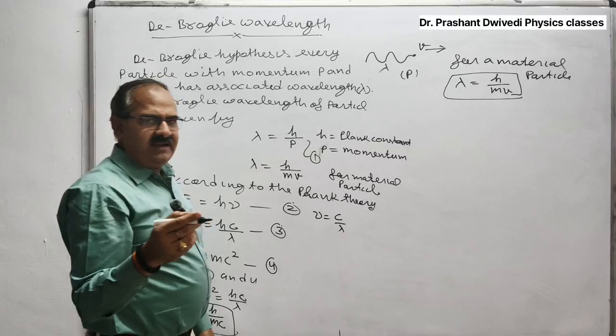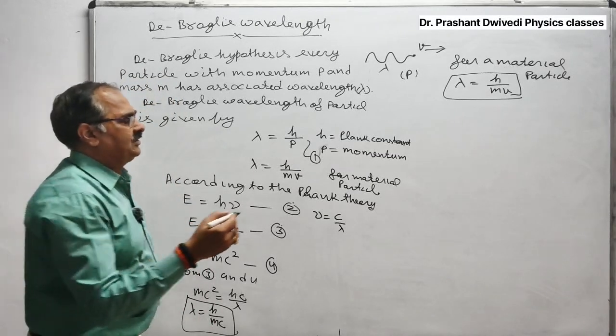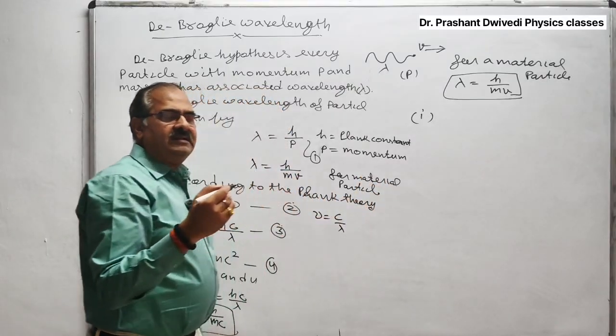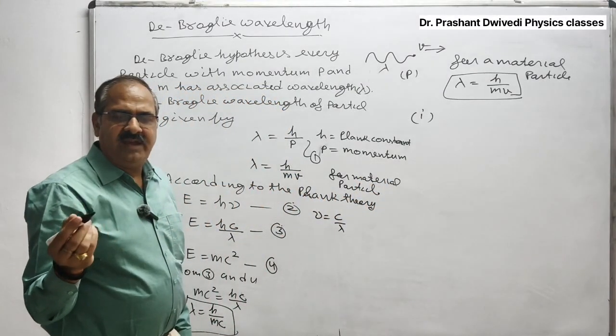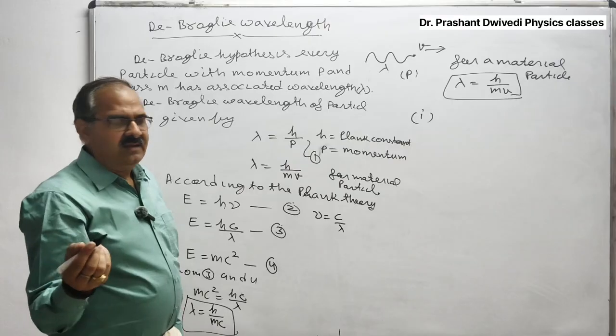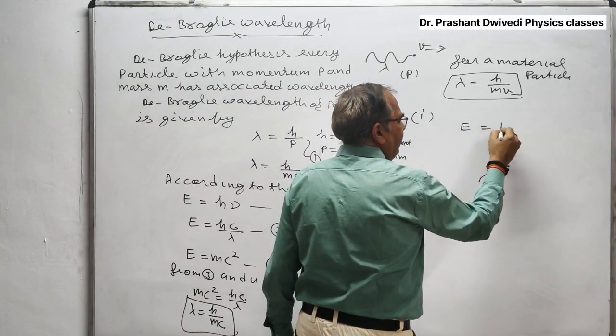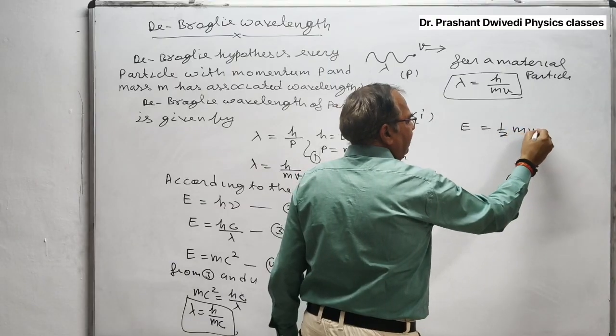Then there are 3 cases. First case: the particle has kinetic energy E equal to 1 upon 2 mv square.